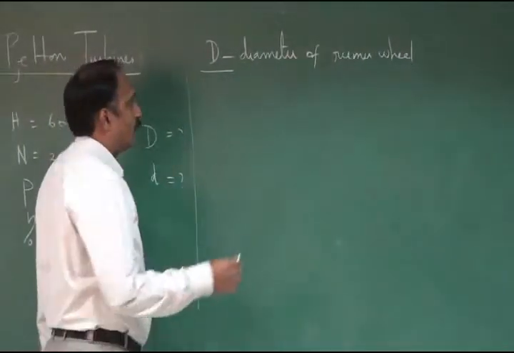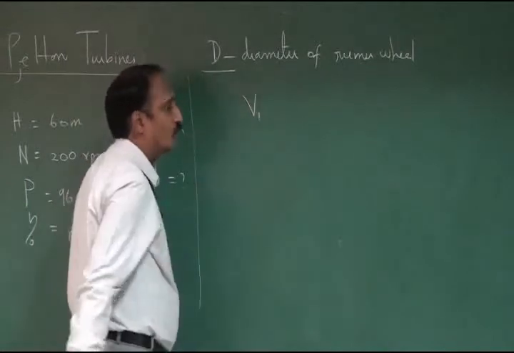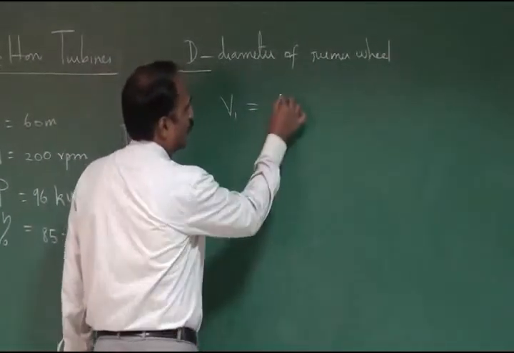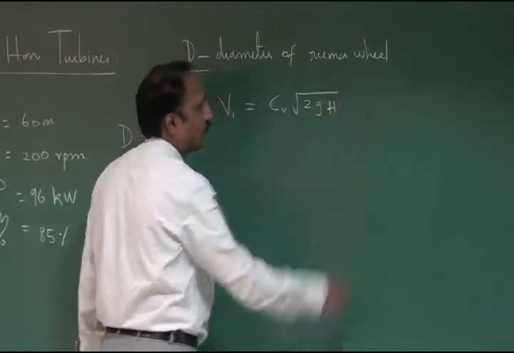Using the relation, the absolute velocity at inlet V1 is nothing but the coefficient of velocity times the square root of 2gH.